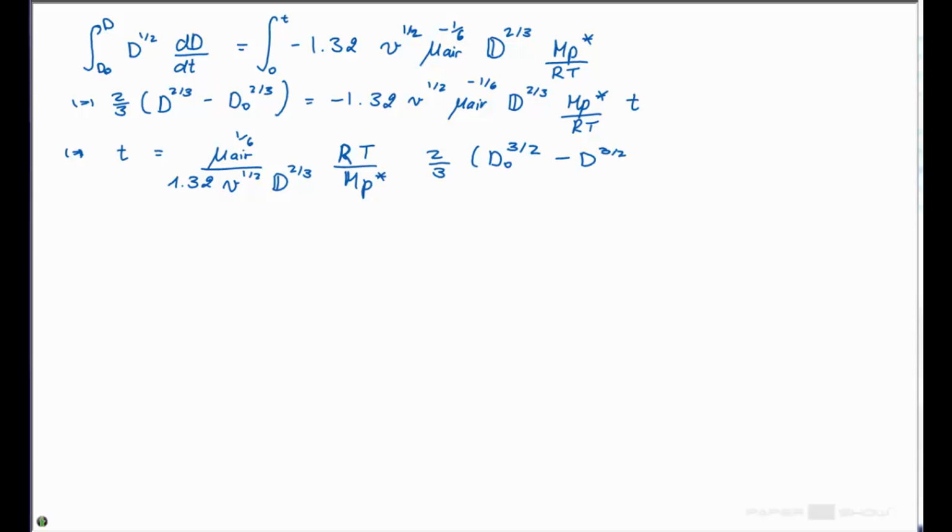This gives 0.91 days. As you can see, the particle evaporated much faster when convection is taken into account than when we only look at diffusion.